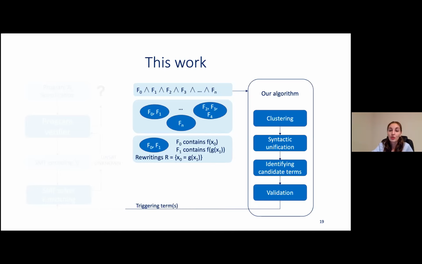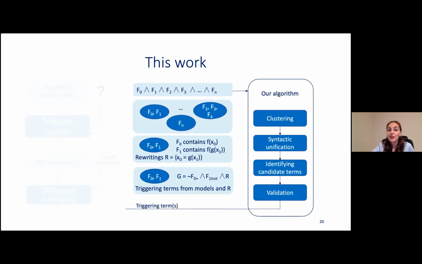These are sharing constraints under which 2 formulas share terms. So for example, if we assume that f0 contains a term f of x0 and f1 contains a term f of g of x1, then through the rewriting x0 equals g of x1, both f0 and f1 share a term. And if they share terms, then they can set contradictory constraints on them.